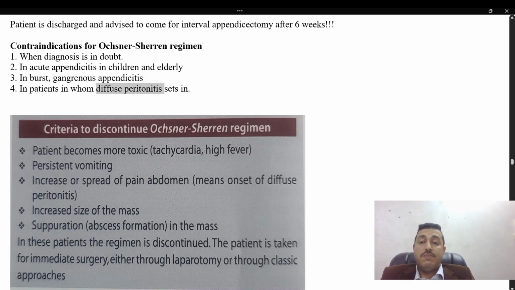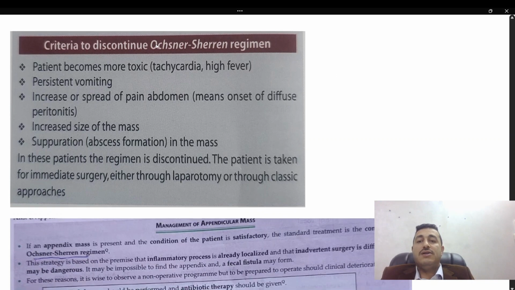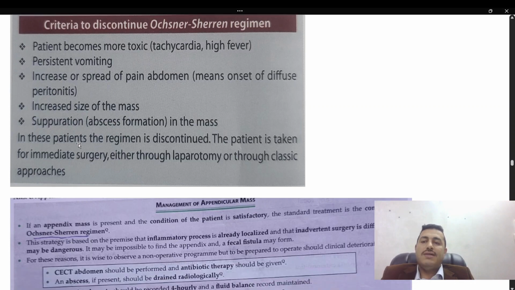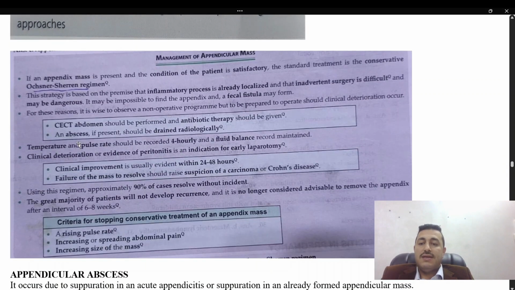In patients with diffuse peritonitis. Criteria to discontinue: the patient becomes more toxic, more tachycardic, fever, persistent vomiting, increased spread of abdominal pain, the mass is increasing in size, there is evidence of an increasing abscess. In this patient, we should discontinue.